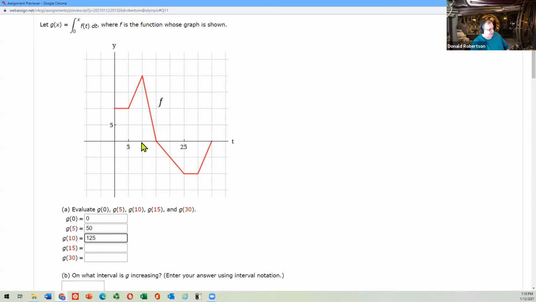Couldn't I use the answer from 0 to 10 and then just get the 10 to 15 bit and add it on? So from 0 to 10, the area is 125. And this little triangle that you're adding on, that takes you from 10 to 15, is 5 by 5, 10, 15, 20, is another 50. So I make that 175.